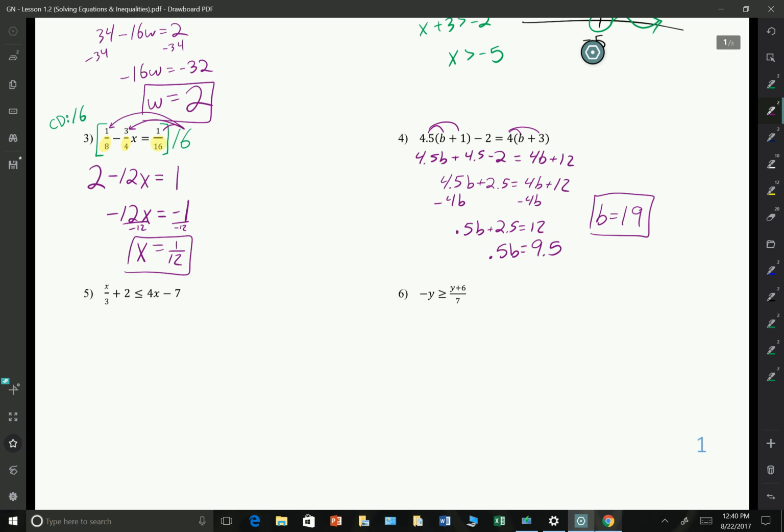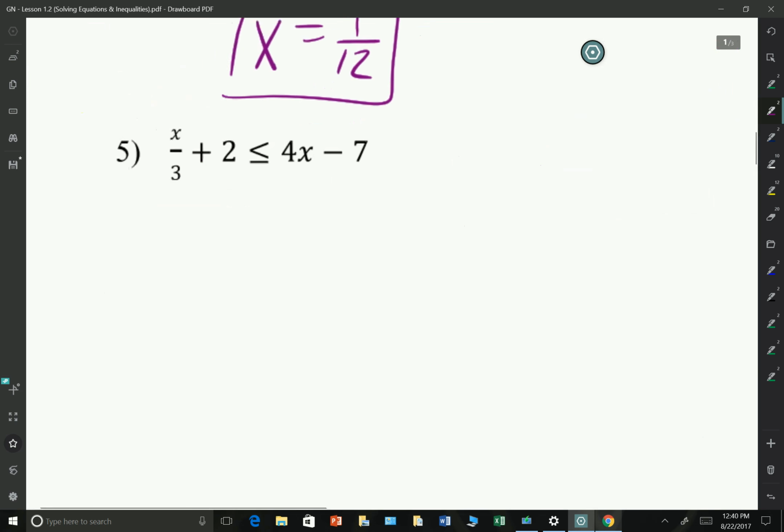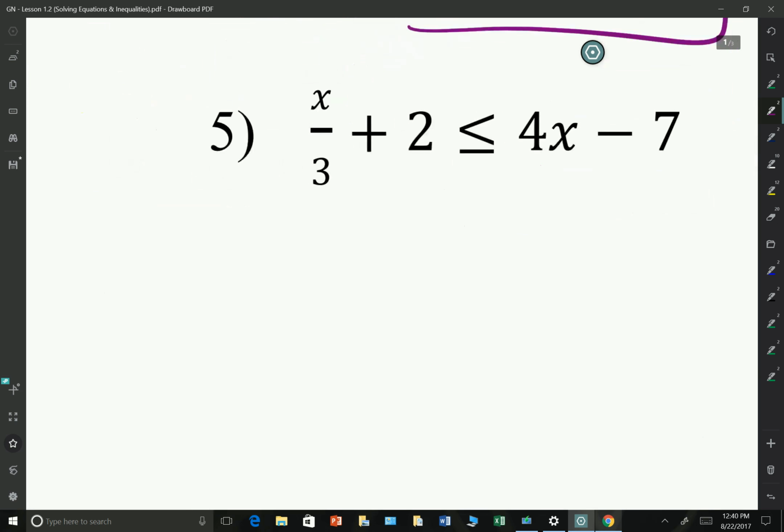Which is as easy as what's the opposite of fractions? Multiplication. So look at number 5. I can work the entire problem with fractions if I want, but if you don't like working with them, get rid of them. So when I see this, x over 3 plus 2 is less than or equal to 4x minus 7, what do I do?